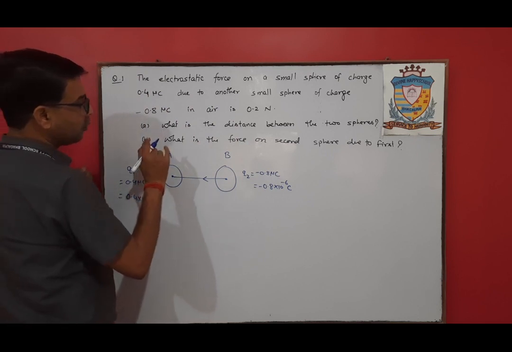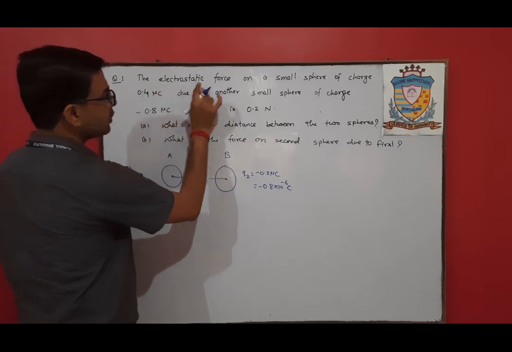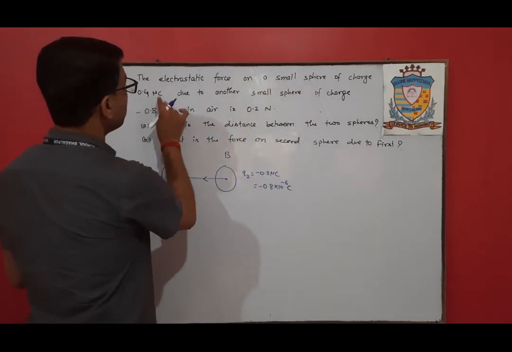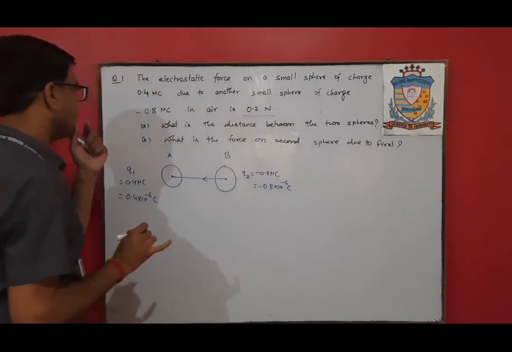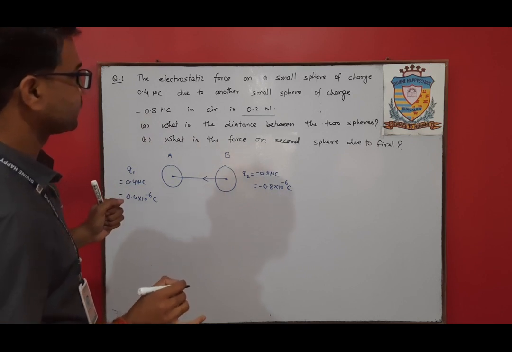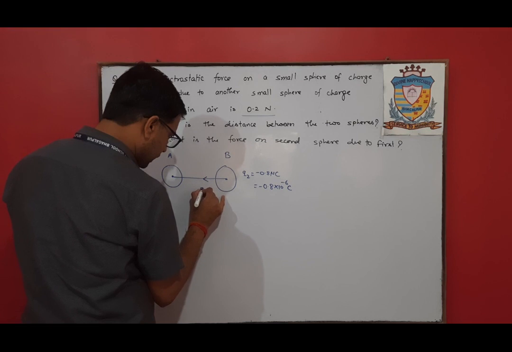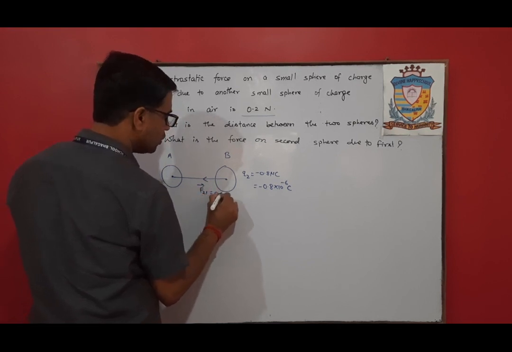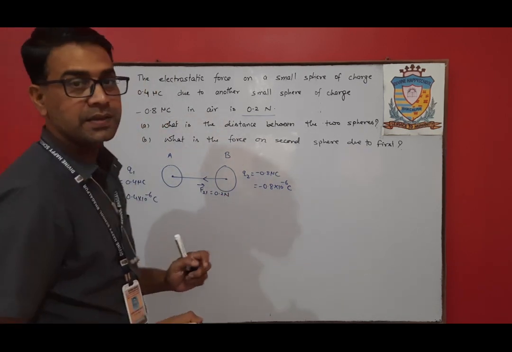So we have to calculate. Here it is given that the electrostatic force on the small sphere of charge 0.4 microcoulomb is 0.2 Newton. So F on 2 due to 1 is equal to 0.2 Newton, and we have to find the distance r.